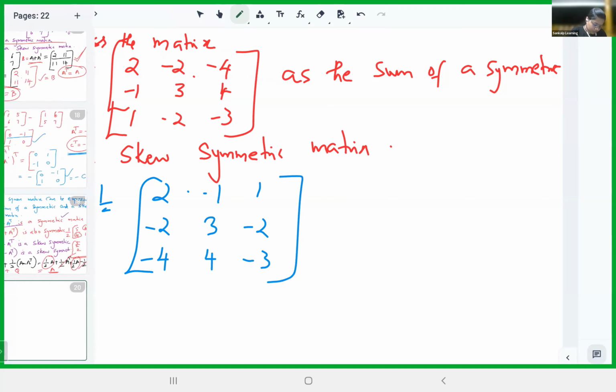Let P is equal to half of B plus B transpose. Okay, we know that any matrix can be expressed as the sum of a symmetric and a skew symmetric matrix, and we have proved it in general that the symmetric matrix will be half of B plus B transpose, and the skew symmetric matrix will be half of B minus B transpose. So first you find out the value of half of B plus B transpose.